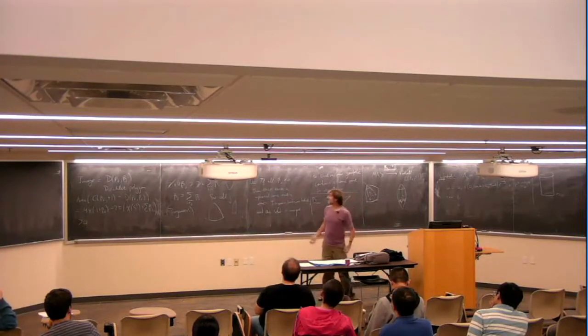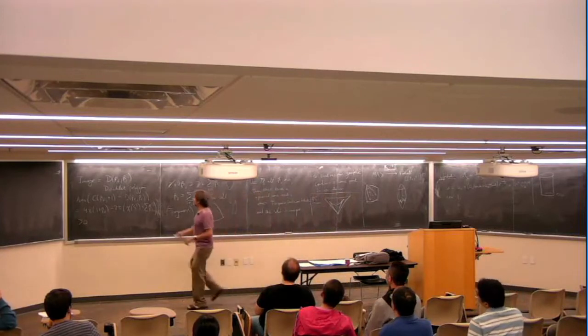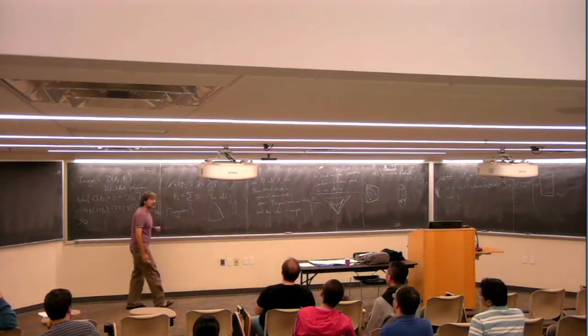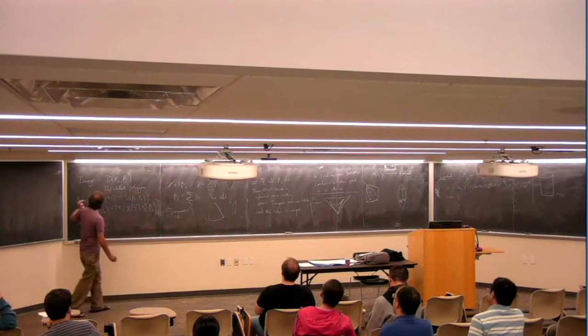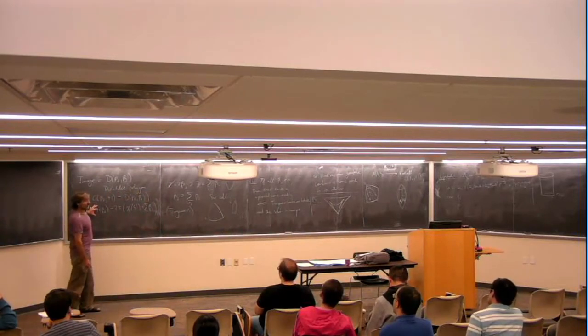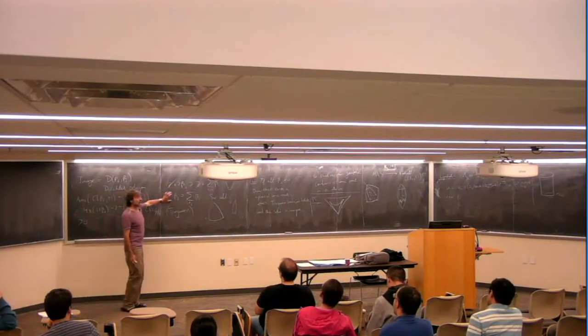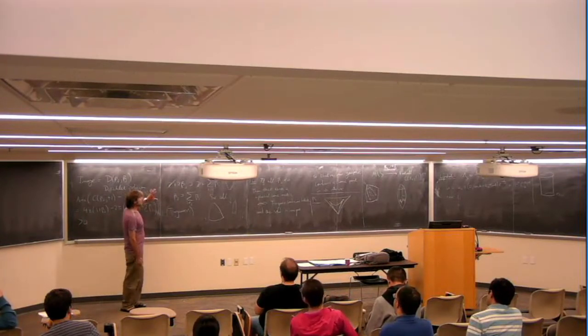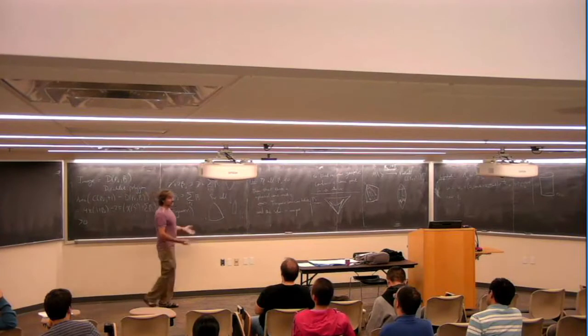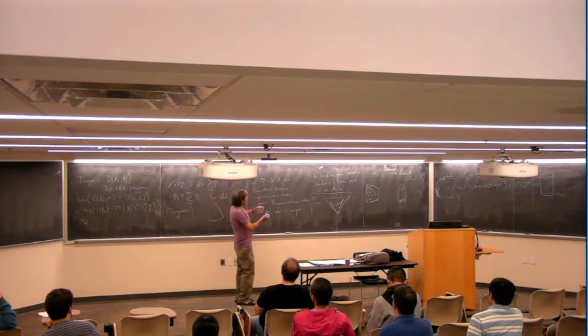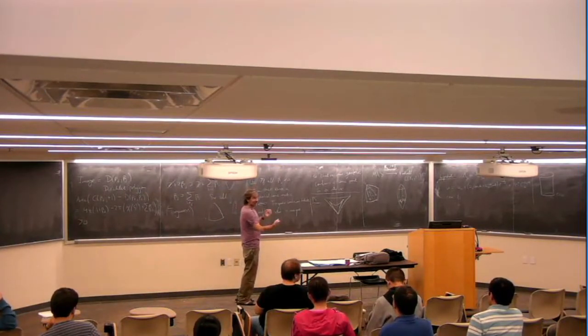So in fact, here's something I'll do later. If I have something with 3 or more conic points, cone angles less than 2 pi, if I take any sequence of things that satisfies this inequality, but the inequality is getting closer and closer to being an equality, the thing is geometrically converging to a football. So all but 2 of the cone points are somehow collecting on one side or the other.